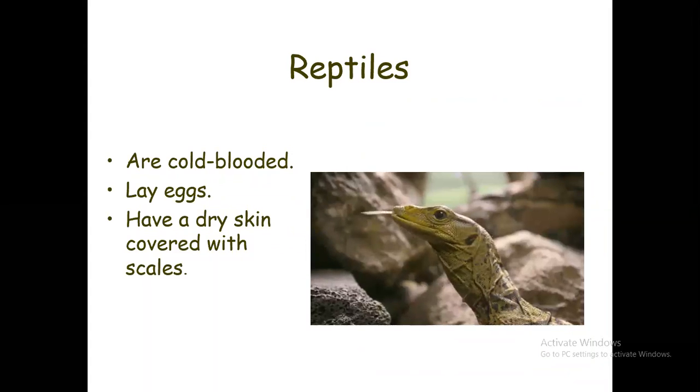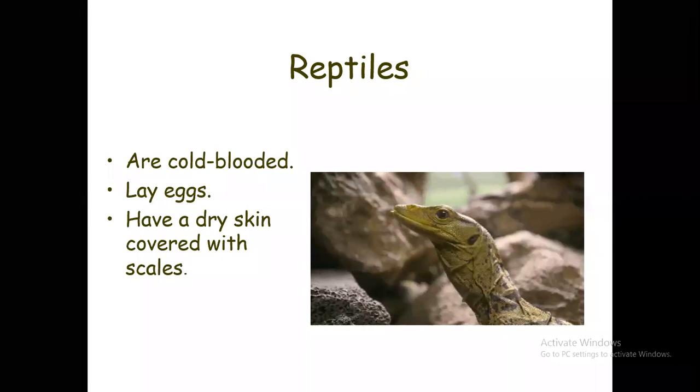Reptiles like lizards, turtles, and crocodiles are all cold blooded. So we only have two groups that are warm blooded, birds and mammals, okay? Reptiles, amphibians, and fish are all cold blooded. Cold blooded means that their body temperature can be cold if the weather is cold or hot if the weather is hot.